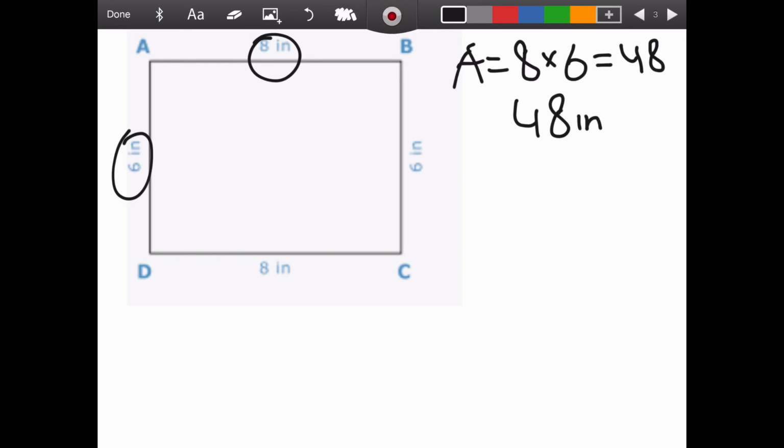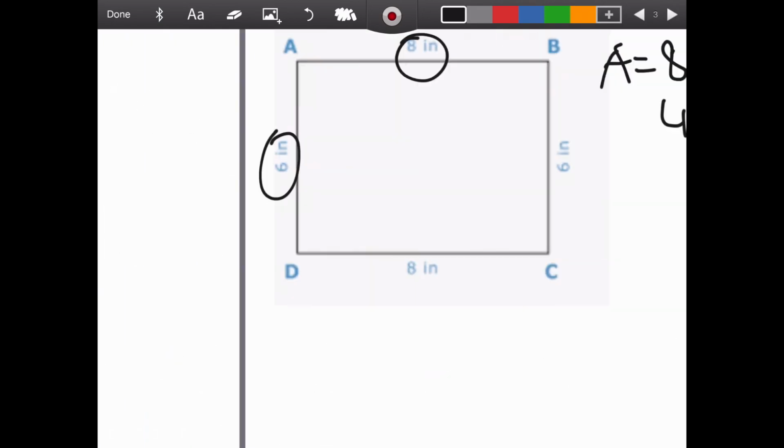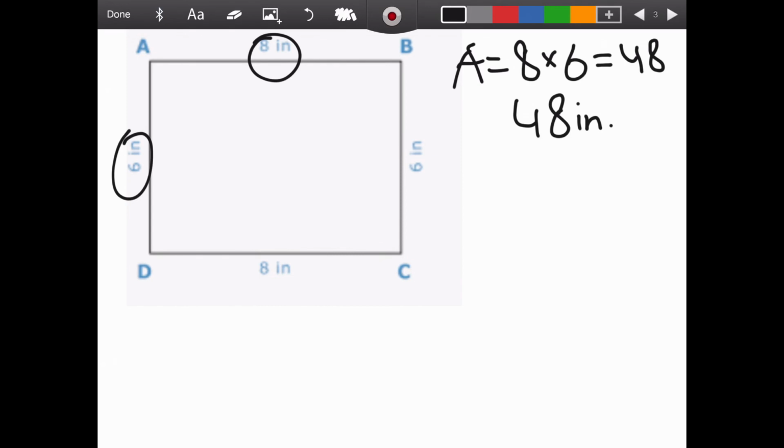And it can be inches. But then it doesn't just stop there either, because if you remember, I first said that area is measured in square units. So in this case, it's going to be square inches. So it's going to be 48 inches squared. And the area of this figure is 48 inches squared.